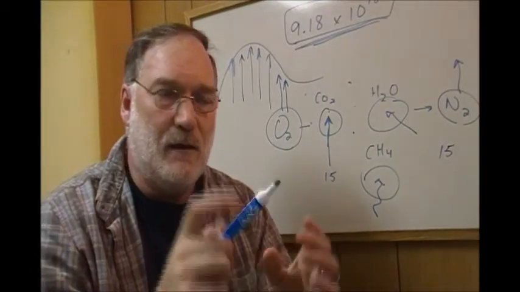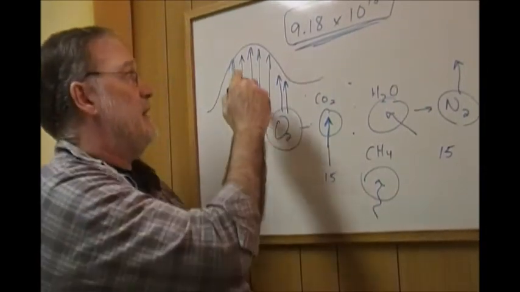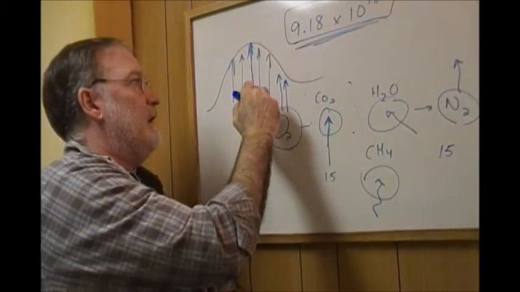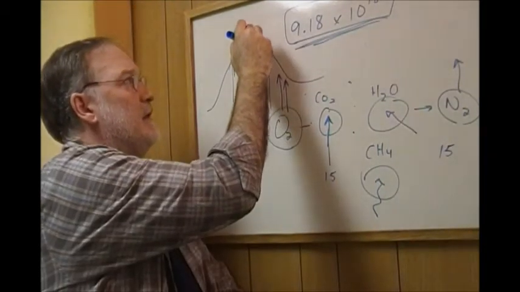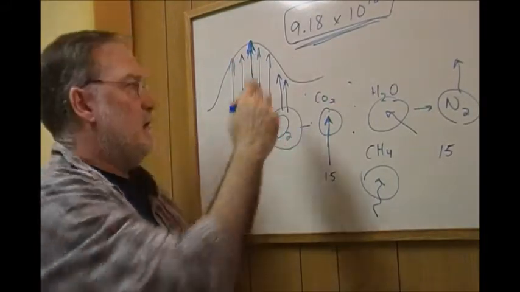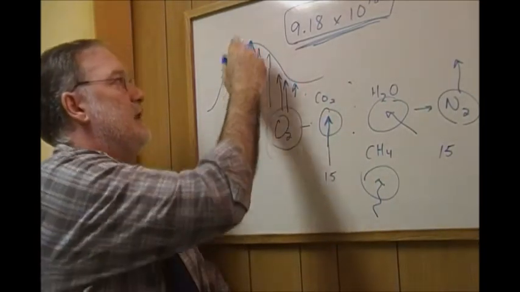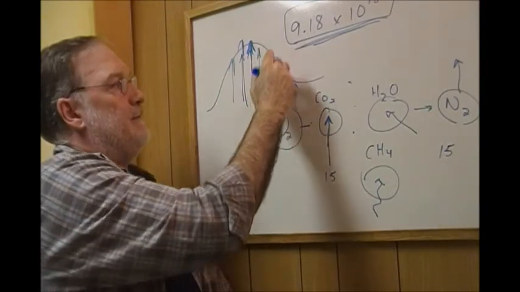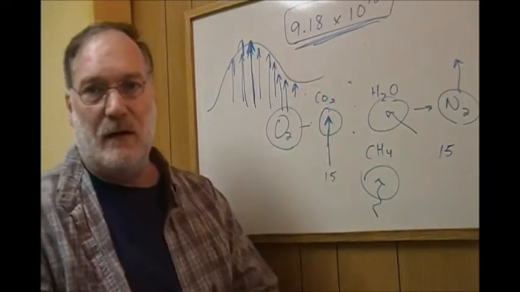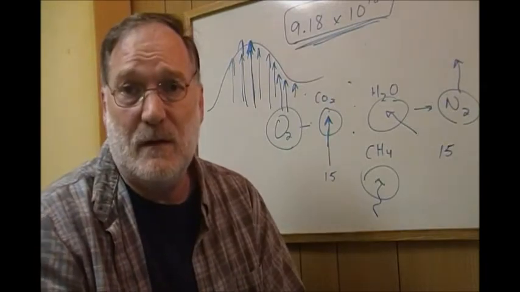Those collisions produce all kinds of speeds, but the average speed corresponds to the temperature. Most of the time they're going to give off radiation that corresponds to their temperature, but there are other times when a molecule smacks into a molecule and goes very slowly, gives off radiation at this temperature, hits another molecule, maybe speeds up to this temperature. So there's a pattern of radiation that's given off, and it's centered on a wavelength that corresponds to its temperature.